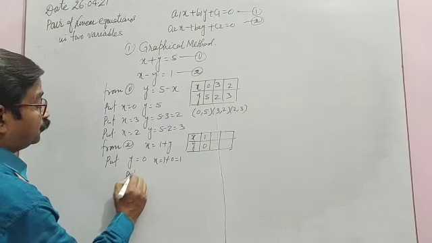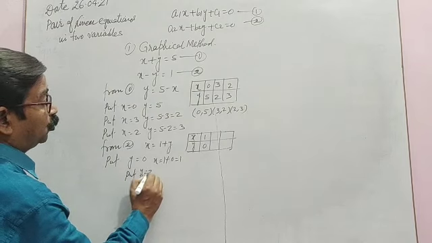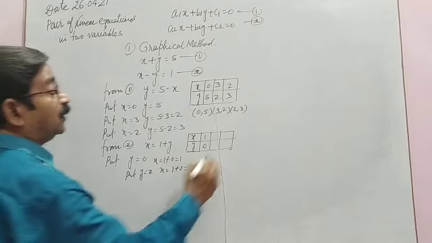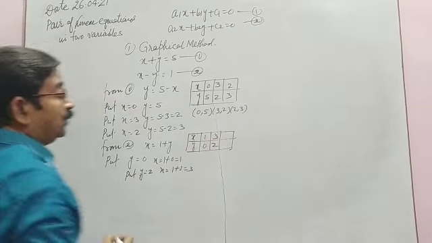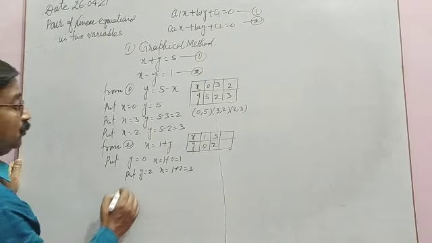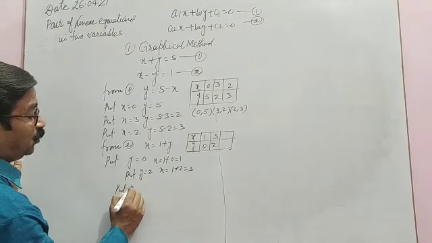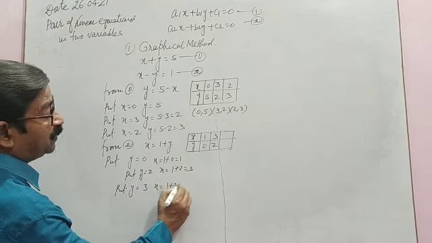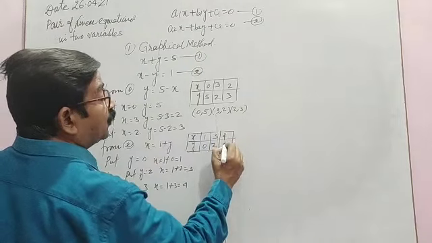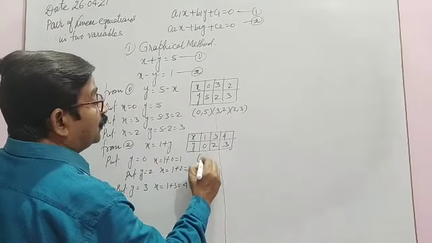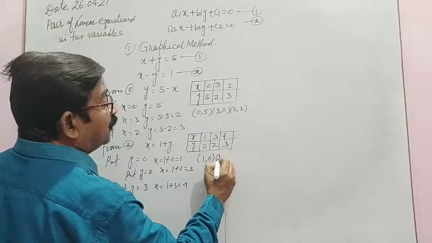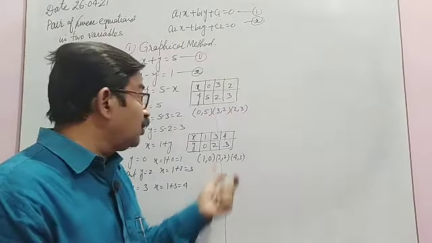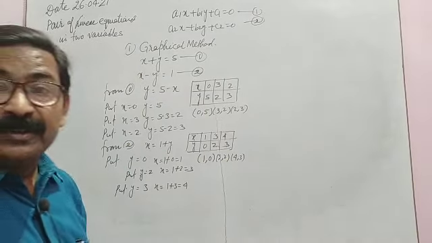Put y is equal to 2, then x is equal to 1 plus 2 is equal to 3. Put y is equal to 3, then x is equal to 1 plus 3 is equal to 4. So we have got (1, 0), (3, 2) and (4, 3). Similarly, we have got the solutions of both equations.